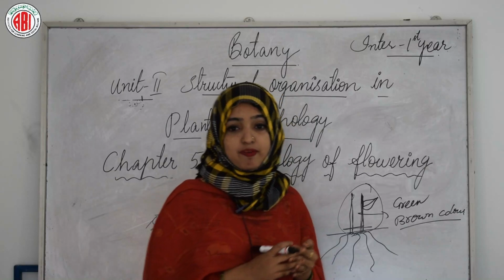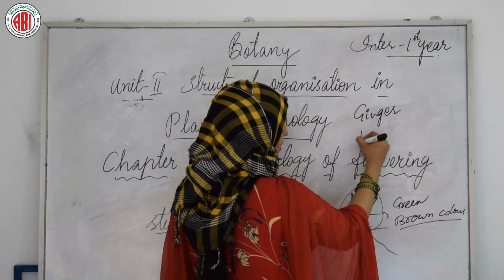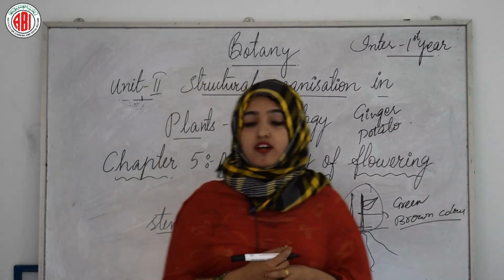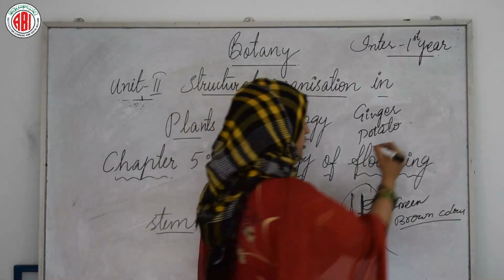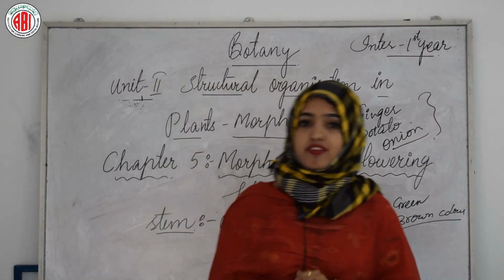Examples we can take are Zingiber, that is ginger, then Solanum, that is potato, Solanum tuberosum, and a few other examples such as the bulb of onion. They all come under the underground stem modifications.